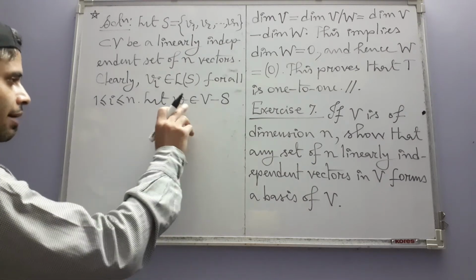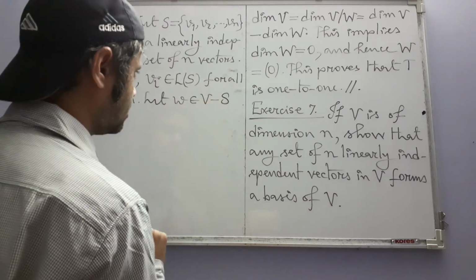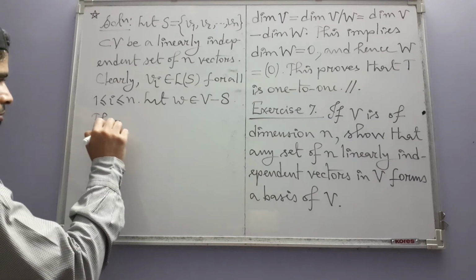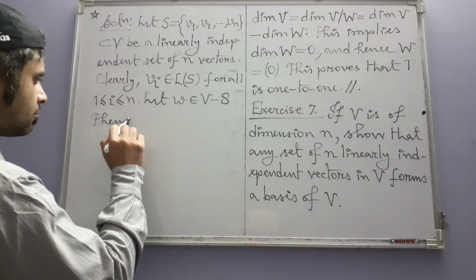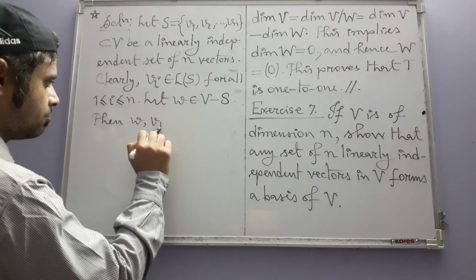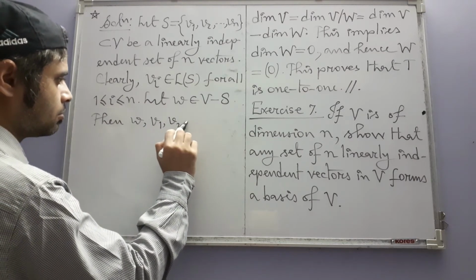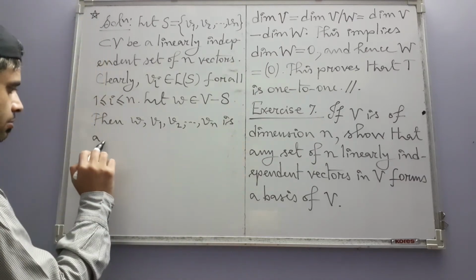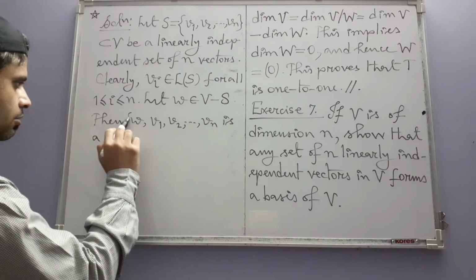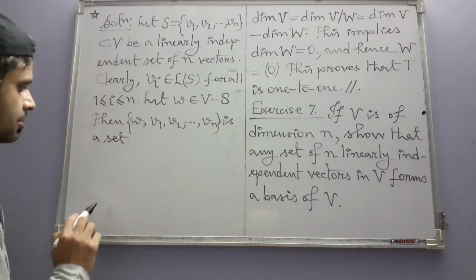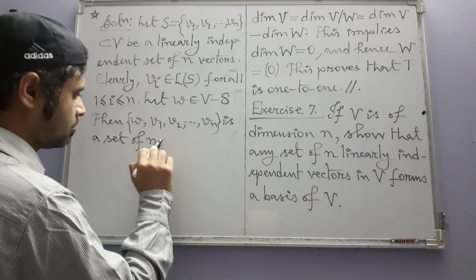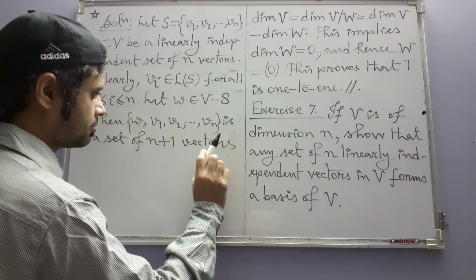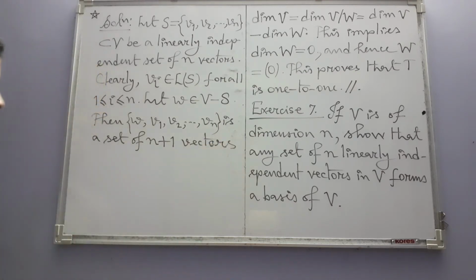But if you have something outside, so we have taken one such thing from outside, then W, V1, V2, up to Vn is a set of n plus 1 vectors in V.